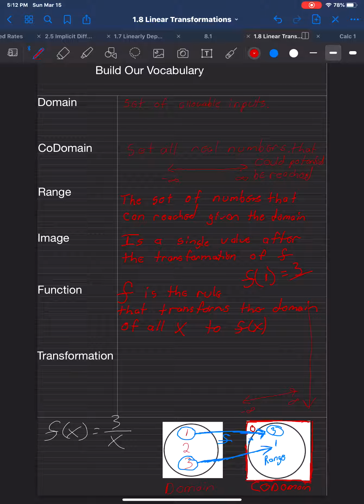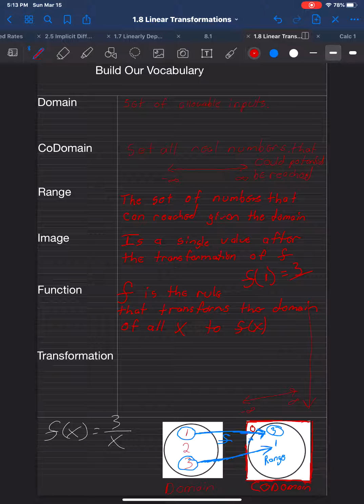Right? So f is the function. It is the rule that transforms x's to f of x's. So it transforms your domain to your image. It transforms a 1 to a 3. It transforms a 3 to a 1. All right.